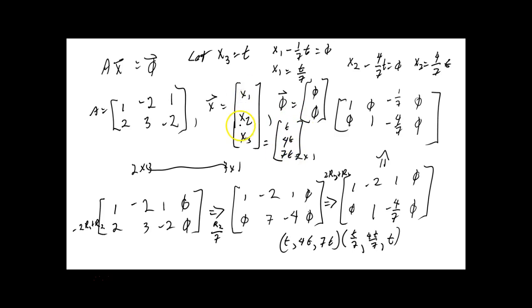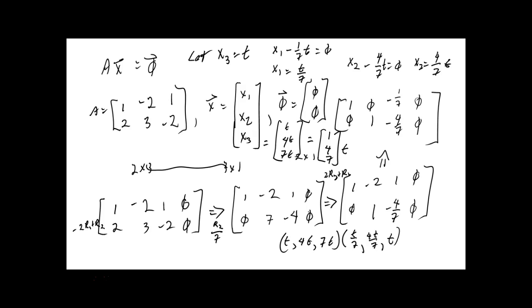That would be your x1, x2, x3 written as a column vector, which you could then write as a coefficient column 1, 4, 7 times the scalar t. And they actually wrote it in front rather than behind.